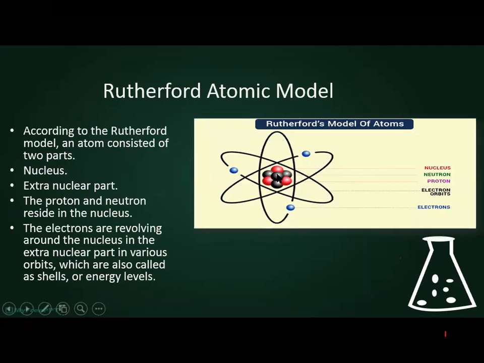An atom is composed of protons and neutrons, the two particles residing in the nucleus, and outside the nucleus is the extranuclear part, where the electrons revolve in their particular orbits, shells, or energy levels, right?